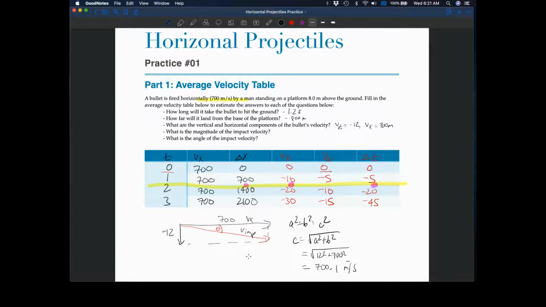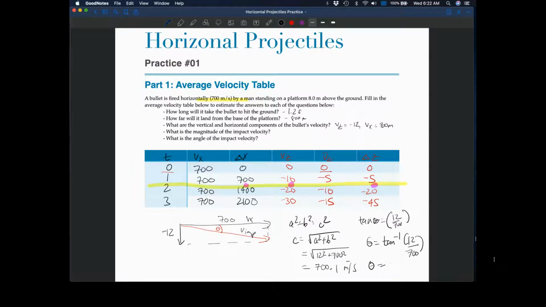And then when it comes to the angle, we have the tangent of theta, which is 12 over 700. Theta is the inverse tangent of 12 over 700.